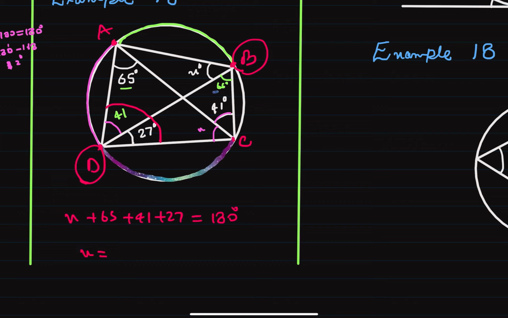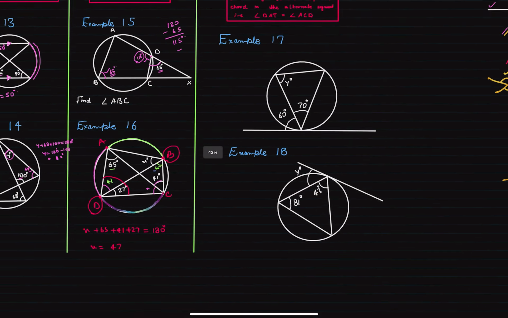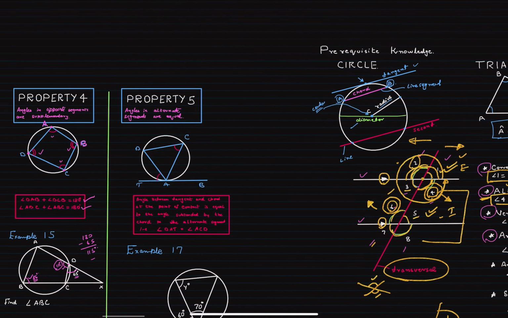Then you can work out this x, and this should equal 47. Right? Let me check this out again. 65 plus 41 plus 27 equals 133. Subtracted from 180 is 47. Yes, correct.